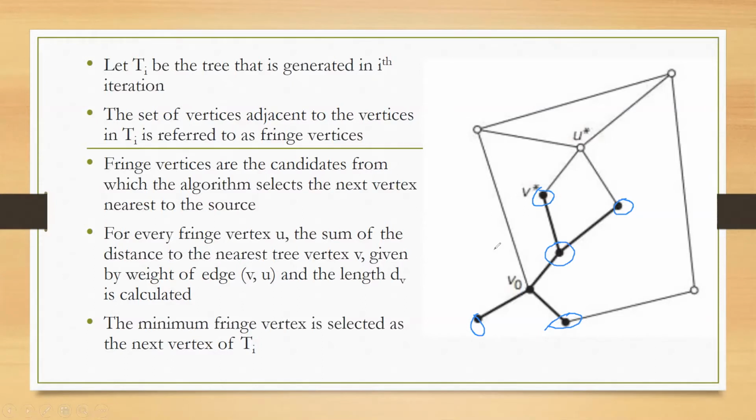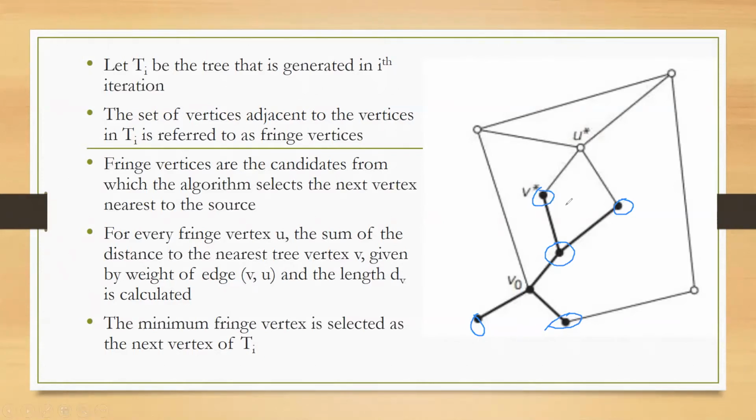Think that starting from Vt, step by step, one vertex in each iteration has been added. Now totally there are 6 vertices. That means now this is the end of the 6th iteration. Now at the 6th iteration, look at this. The second point: the set of vertices adjacent to the vertices in Ti. That means all these other vertices that are adjacent to this subtree are called fringe vertices.